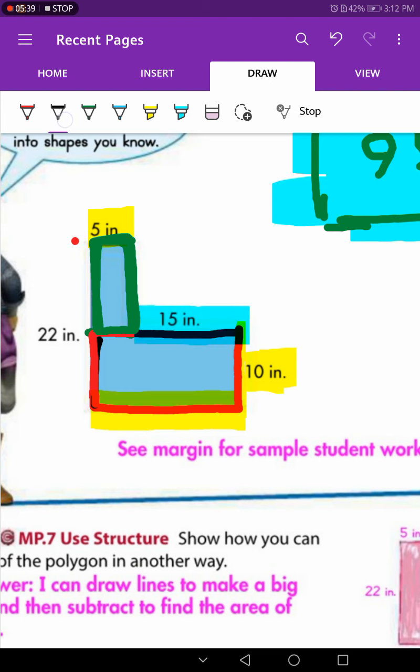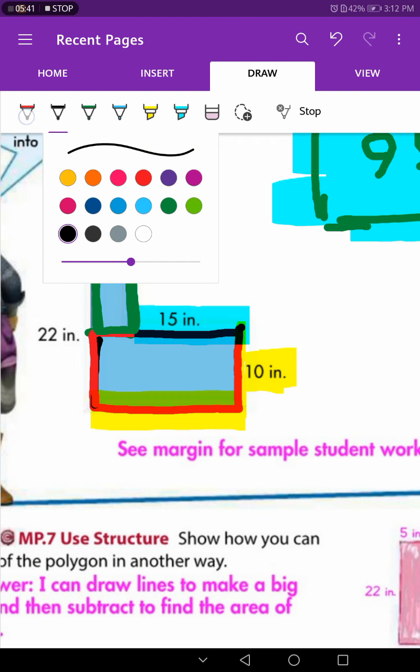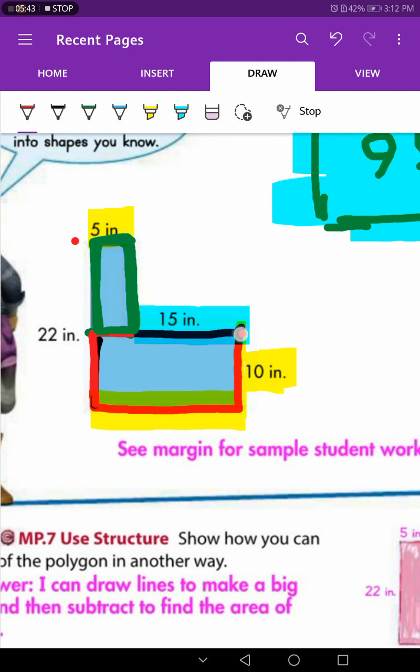From here to here it is 15 only. And you need to know this length. It is 5. From here you get it. So 15 plus 5 is 20. So the second rectangle is 20 and 10.